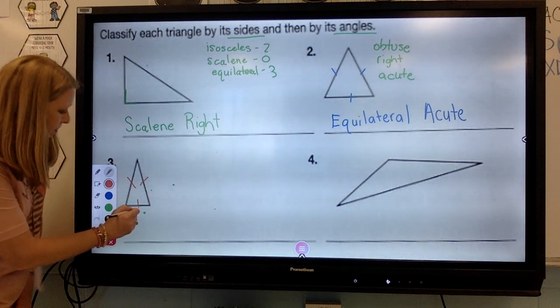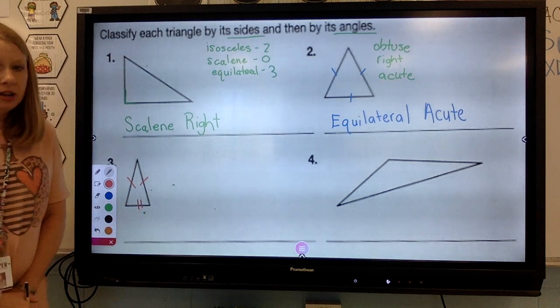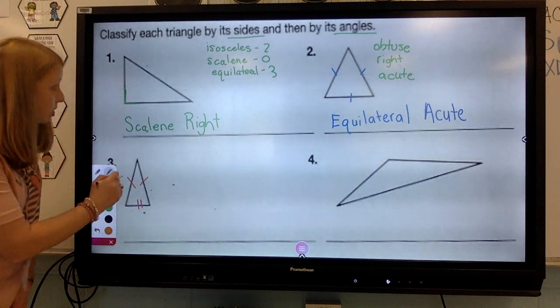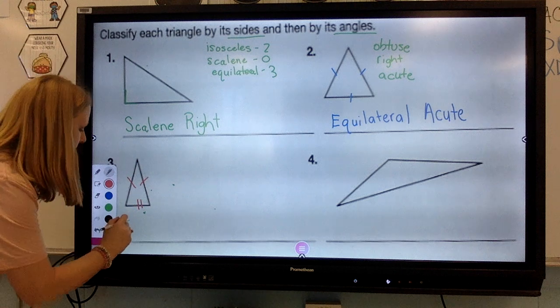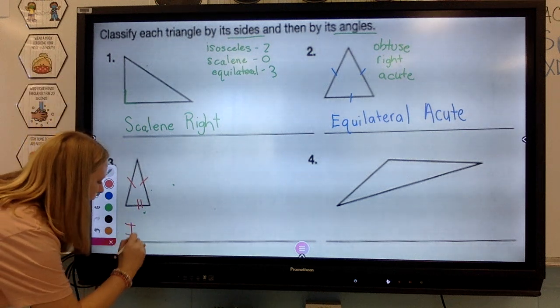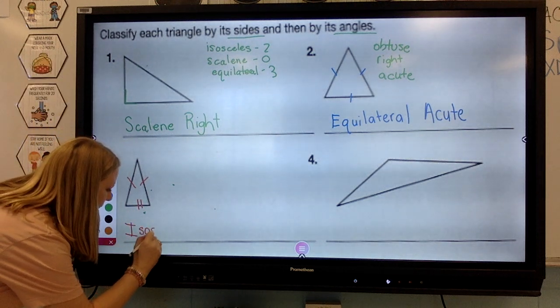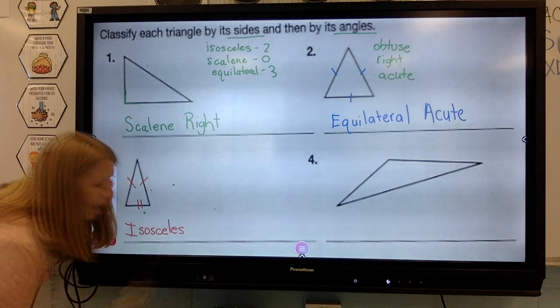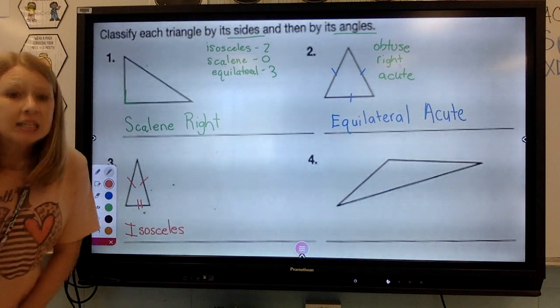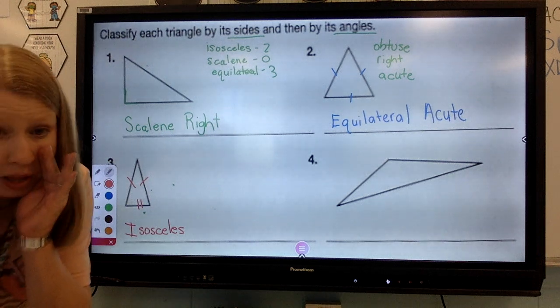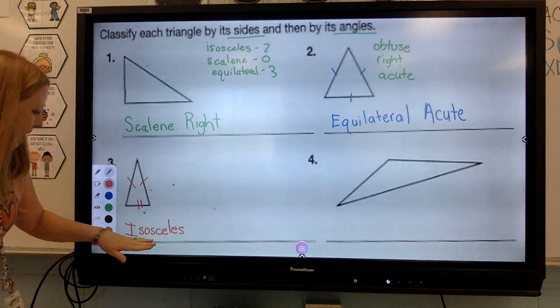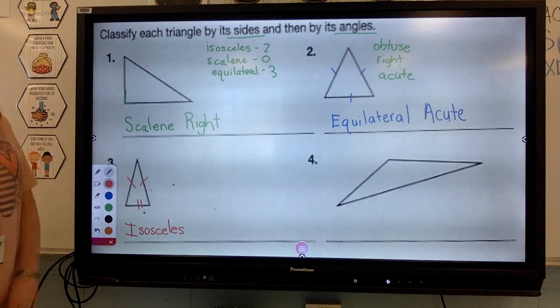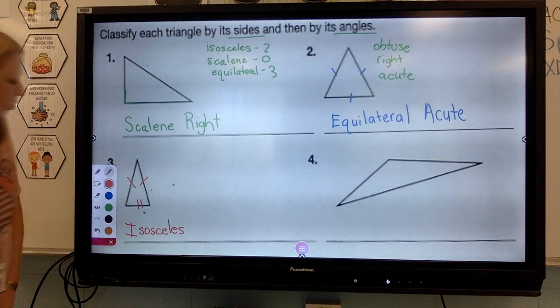But this one down here, that one is not as long. So this would be isosceles. Isosceles is a very strange word, and it's actually kind of hard to spell. So I wouldn't count off for spelling on this one. Okay, isosceles.